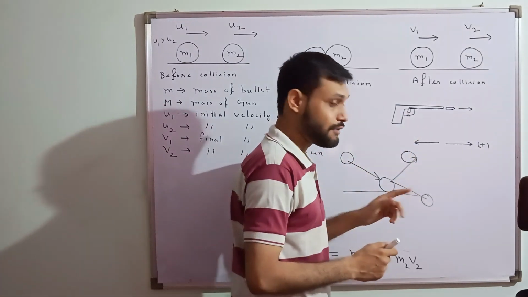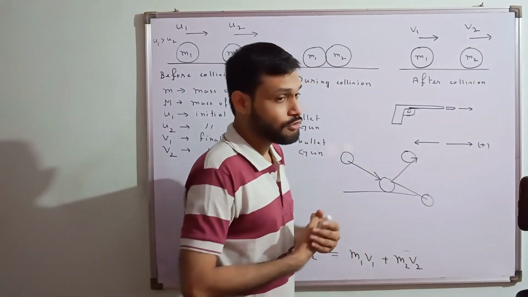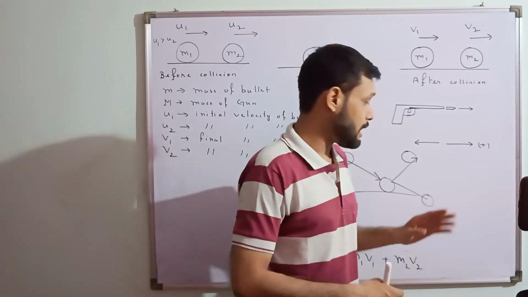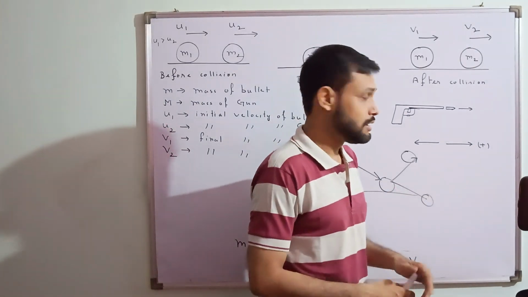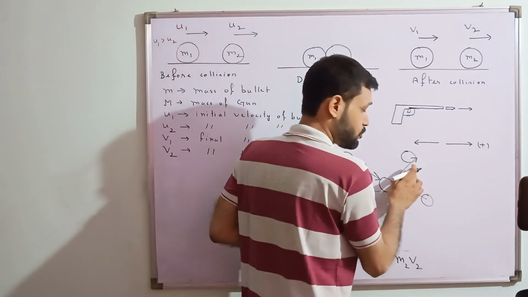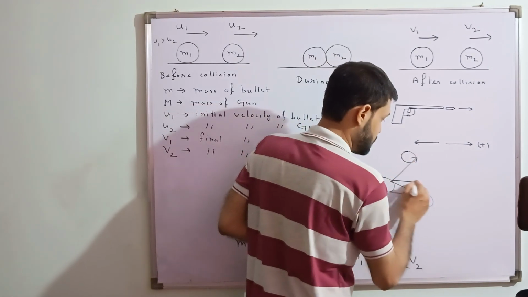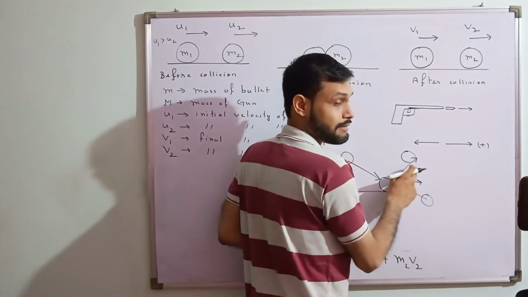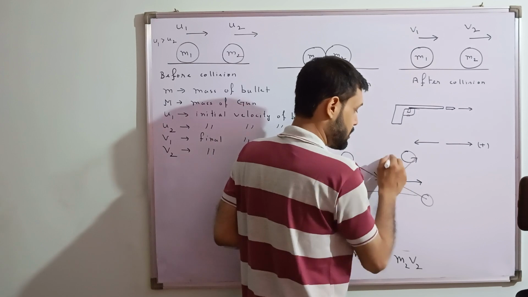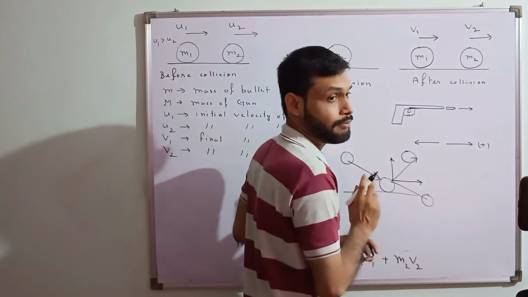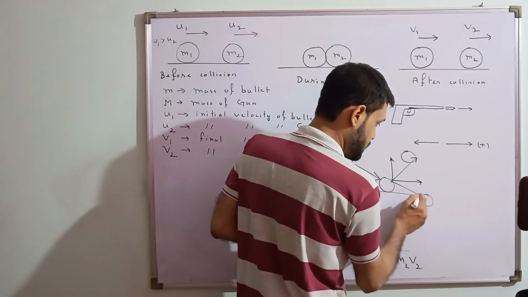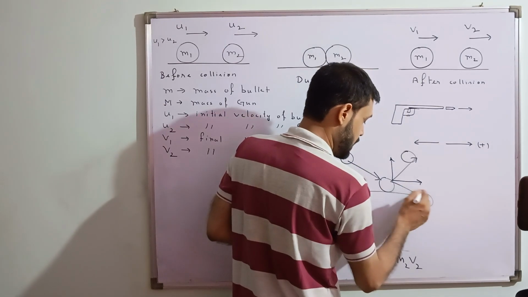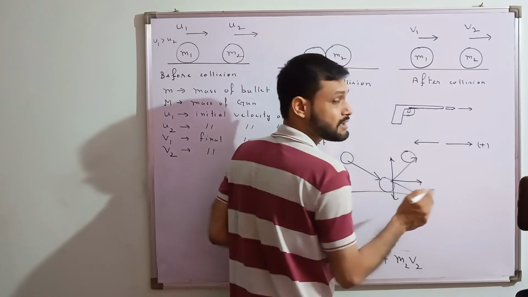So in this case, I told you before, conservation of momentum in two dimensions. This motion can be considered in two dimensions. We will conserve momentum along this direction and make the components of the momentum. Similarly, for this object we make the components of momentum, one along this direction and one along this direction.